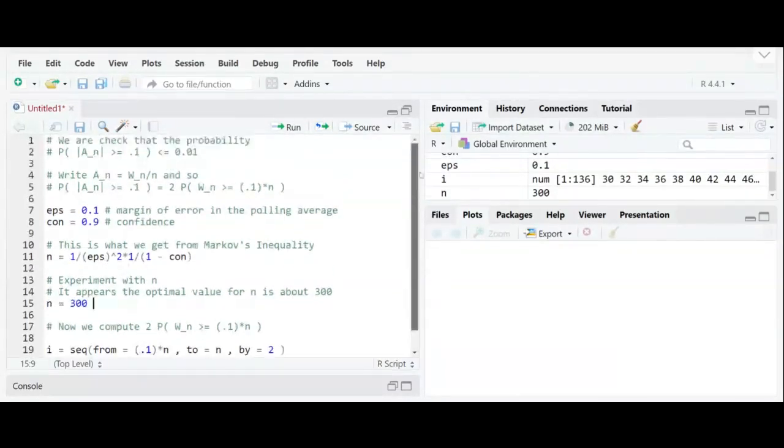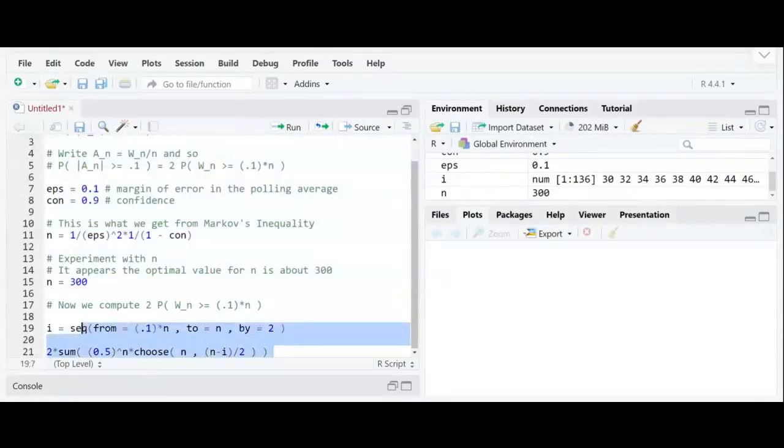Now, here's the thing. In this particular example, the numbers are small enough that you can actually do these calculations yourself and try to find what that optimal number n needs to be. The problem is, as in the example that we just did, if these numbers become too big, then it's no longer feasible to do these calculations on a computer.